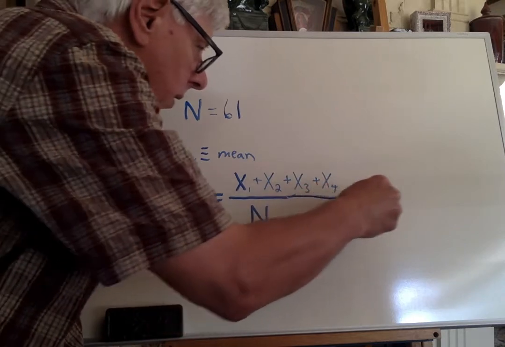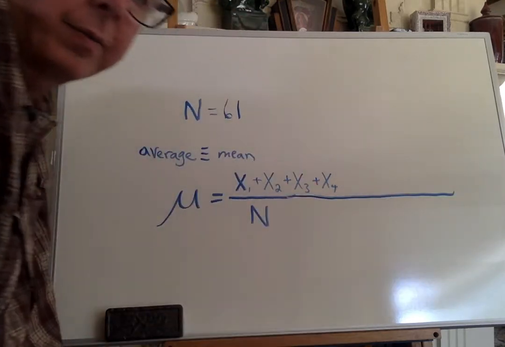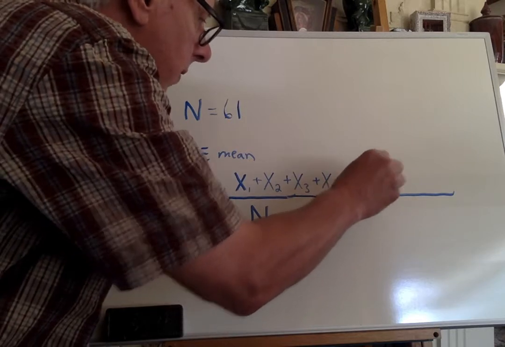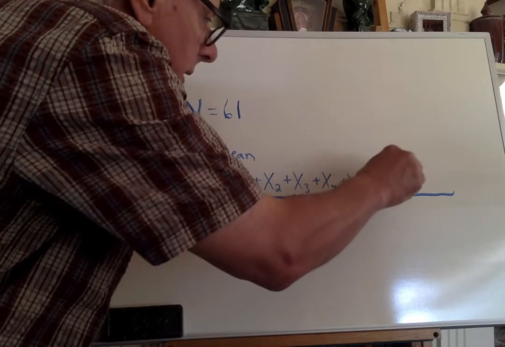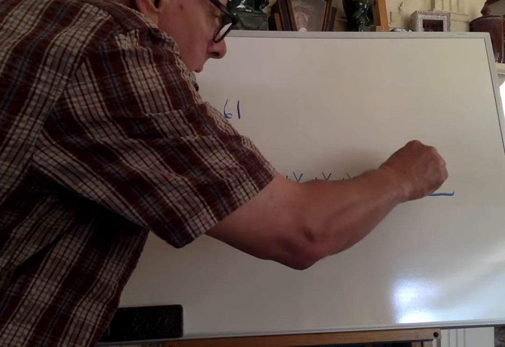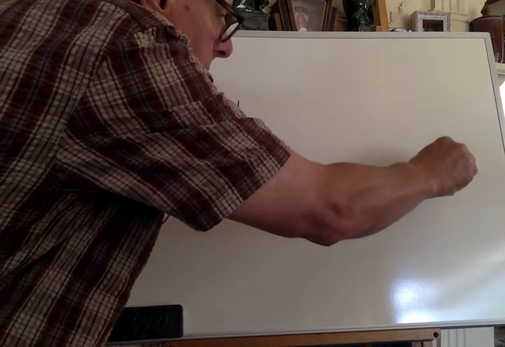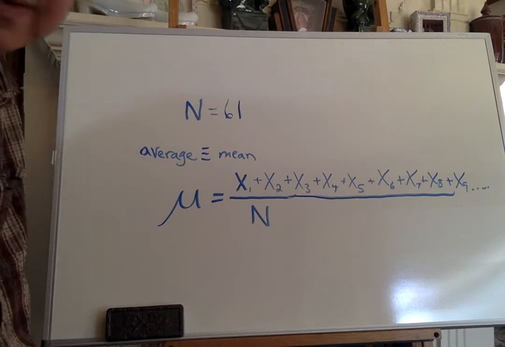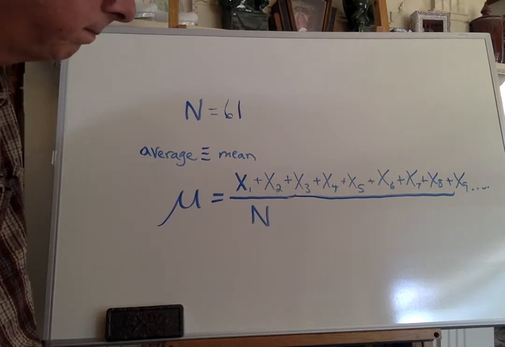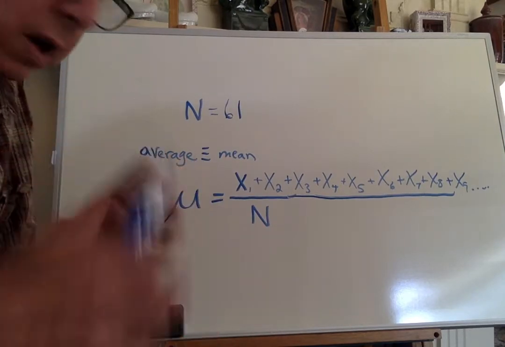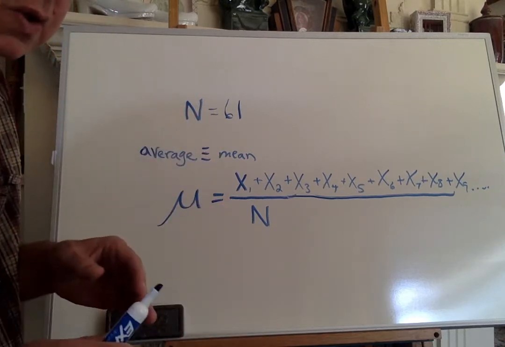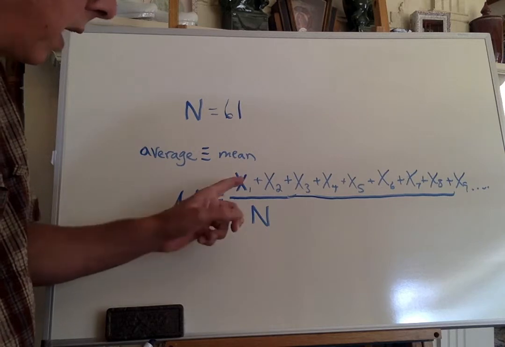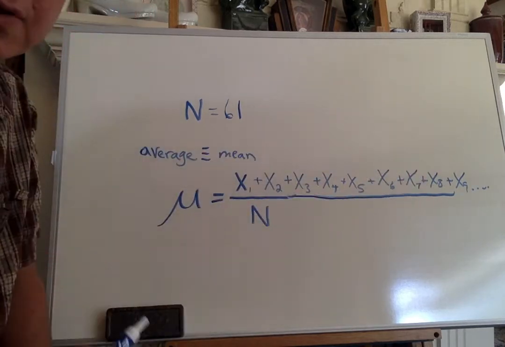We better make this a little bit longer. Plus the score for the fifth person plus the sixth plus the seventh plus the eighth plus the ninth, and so on and so on. That's what you said, right? Add up all of the scores, divide by the number of scores.